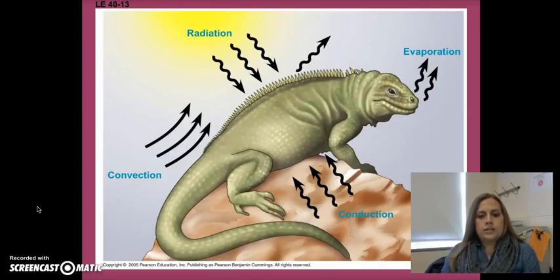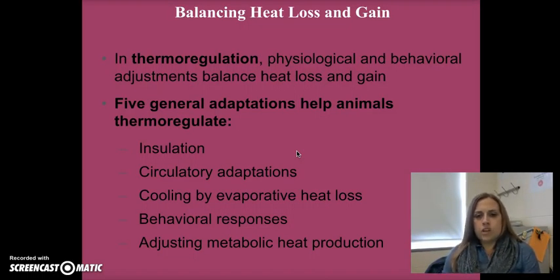Here we're looking at an ectotherm and essentially how they're getting heat. So you've got radiation from the sun. You also have conduction. So if you ever see like a snake or lizard sitting on a rock, they're actually getting heat from the rock as well. So they are much more susceptible to changes in temperature based on the temperature of the environment.